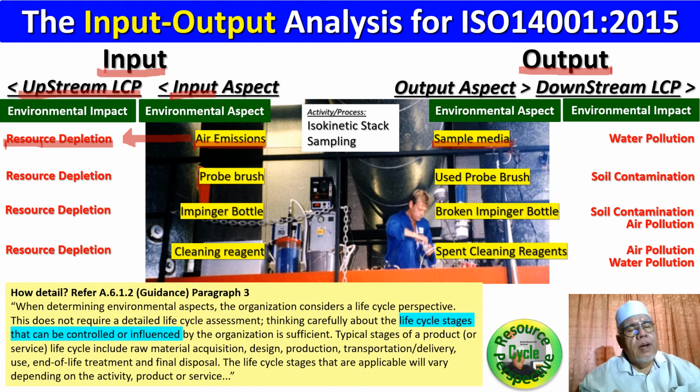So let's assume it's chemical gases that come in, get through this particular probe and into the media, and the media is taken to the lab. What happens? The media is now an output environmental aspect. So how would it interact with the environment and cause what type of impact?